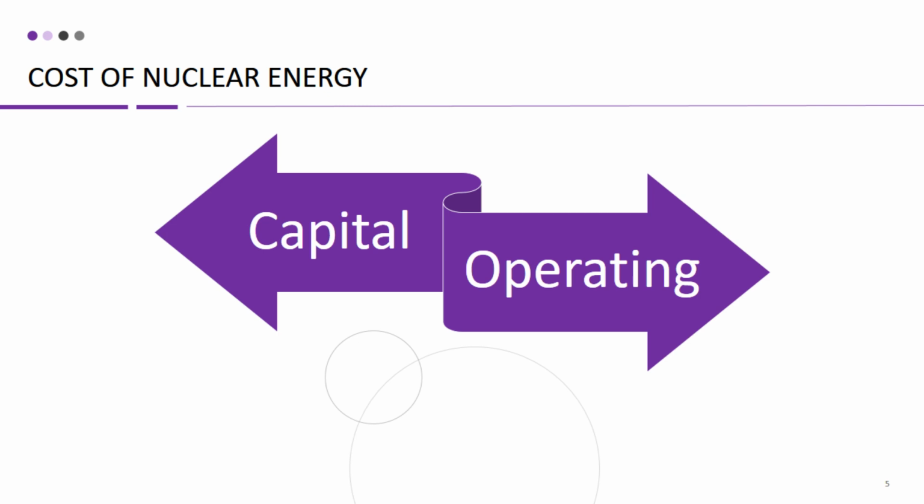Overall, the cost of nuclear energy is influenced by a variety of factors, including the size and location of the power plant, the cost of financing, and the regulatory environment. While the cost of nuclear energy can be high, proponents argue that the benefits of nuclear energy, including reliable, low-carbon electricity and energy security, justify the investment.